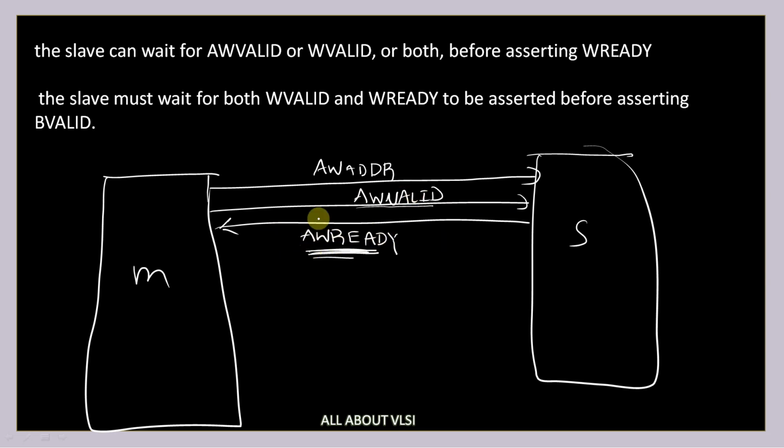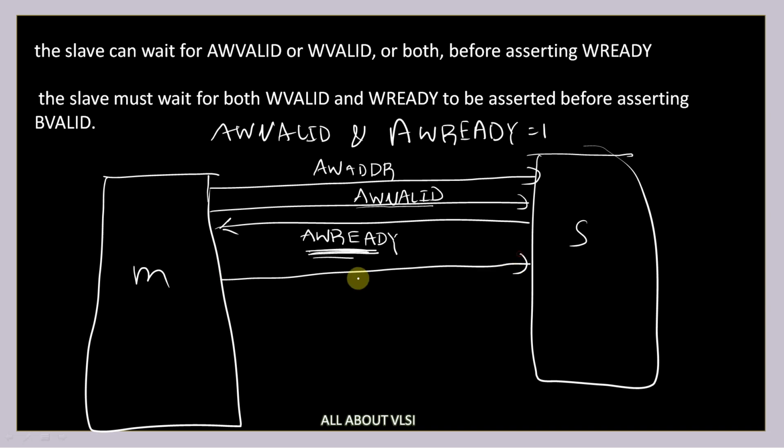Now after completing this transfer, that is AW valid and AW ready are both equal to 1, then only the master is allowed to assert another signal which is known as W valid.